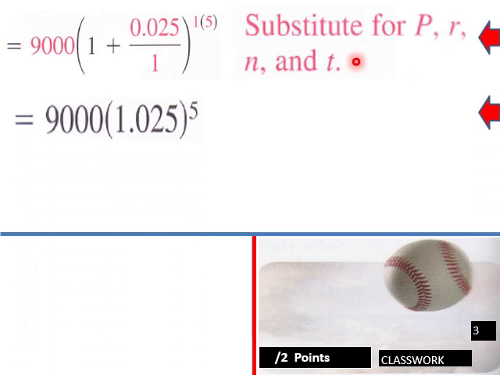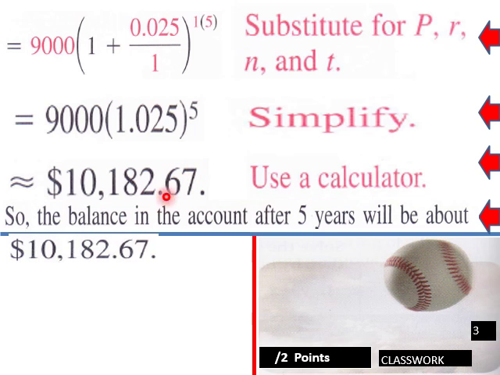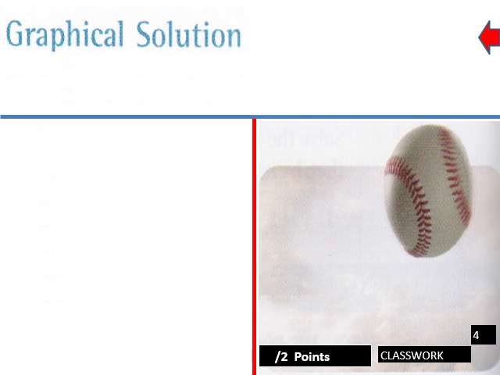And then we substitute in, and we have 9,000 times 1.025 to the 5th power. And then when we simplify, we get this number here. For 2.5% compounded one time annually, we have this number. So this is after 5 years.